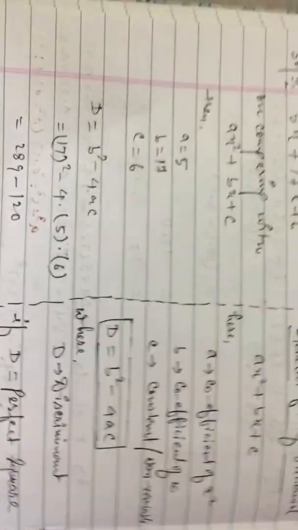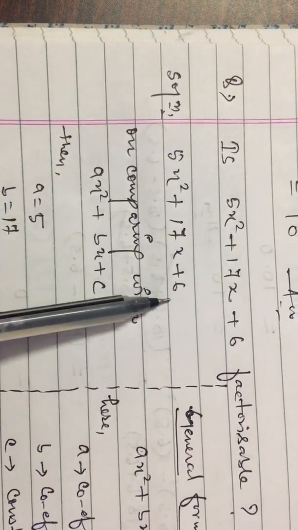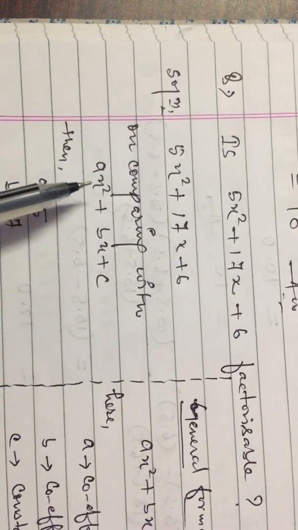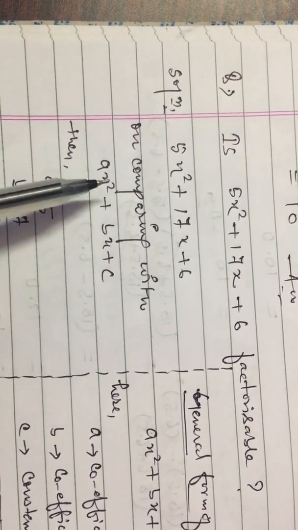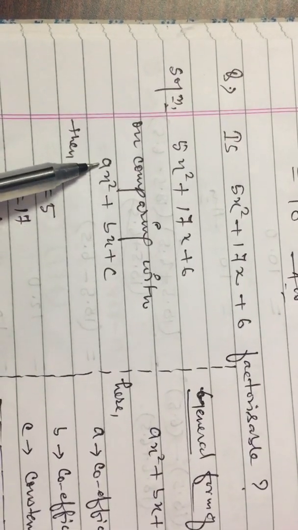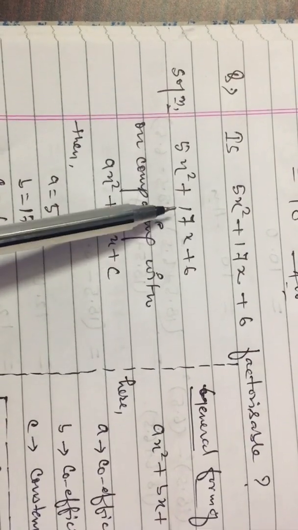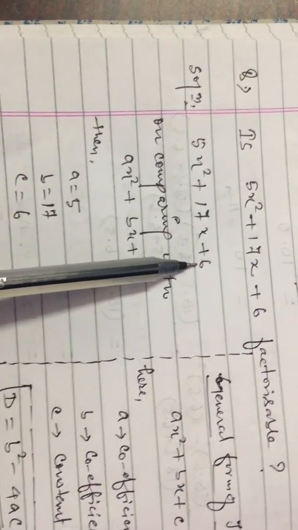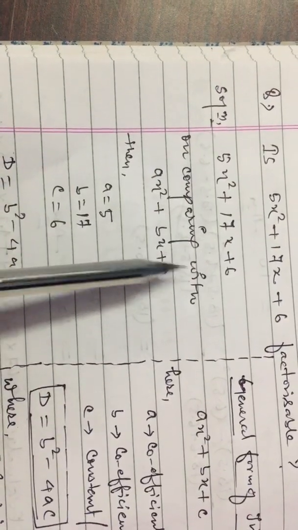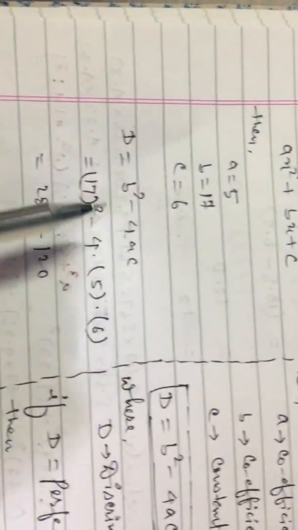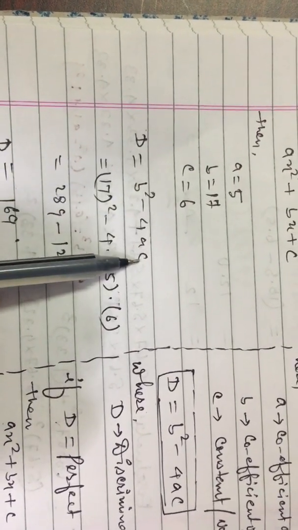Now see the example here. Your question is 5x square plus 17x plus 6. On comparing with ax square plus bx plus c, the coefficient of x square is equal to 5, the coefficient of x is equal to 17, and the constant is 6. It means the value of a is 5, the value of b is 17 and the value of c is 6. Now finding the discriminant, which has the formula b square minus 4ac.